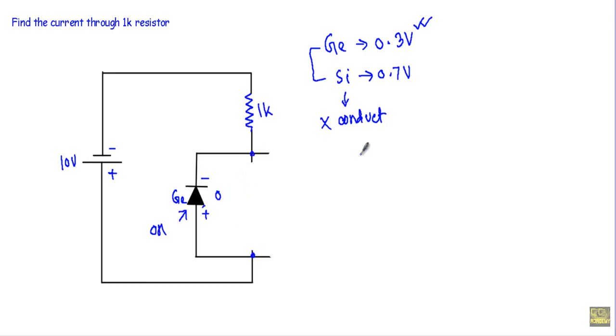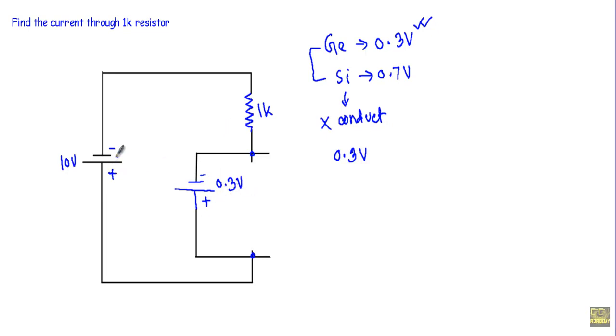So now let me replace the germanium diode with a built-in potential of 0.3 volt. See, if I replace the diode with 0.3 volt, you will see it will look like this 0.3 volt. Its negative terminal will be in upward direction and positive terminal will be in downward direction.